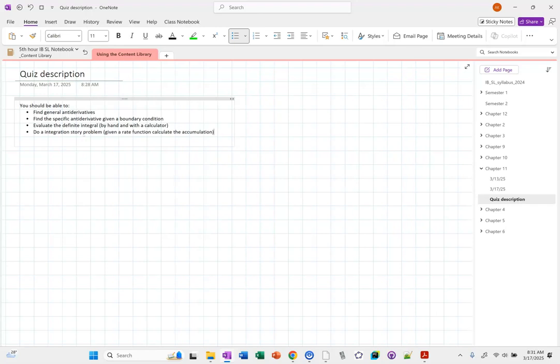So the last type of thing you'll have on there is an integration story problem. I would give you a rate function and ask you to do an accumulation problem, like find out how much stuff has accumulated or you've lost given some rate function. So that's really 11.1 and 11.2.